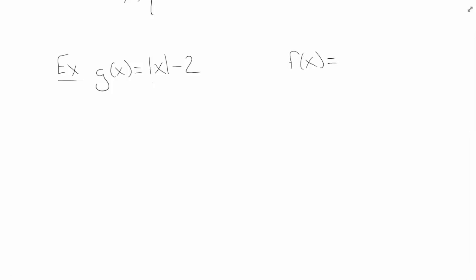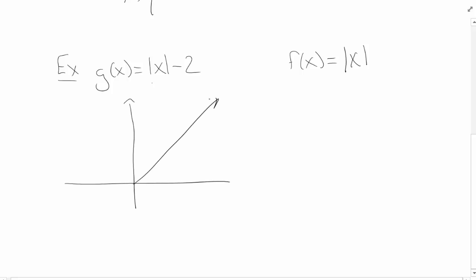Versus, let's say instead you wanted to graph g of x is equal to the absolute value of x minus 2. The toolkit function that I know what it looks like is f of x is equal to the absolute value of x. We'll start there. The absolute value of x, give or take, looks a little like this, and it goes through the origin also, 0, 0, and I subtracted 2. Again, where did I do it?